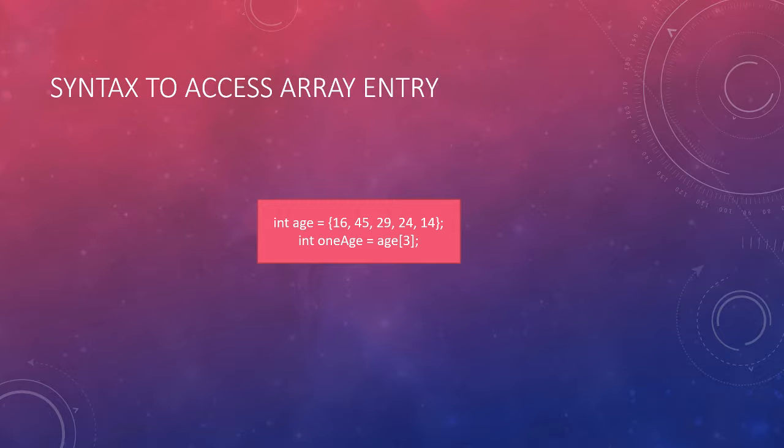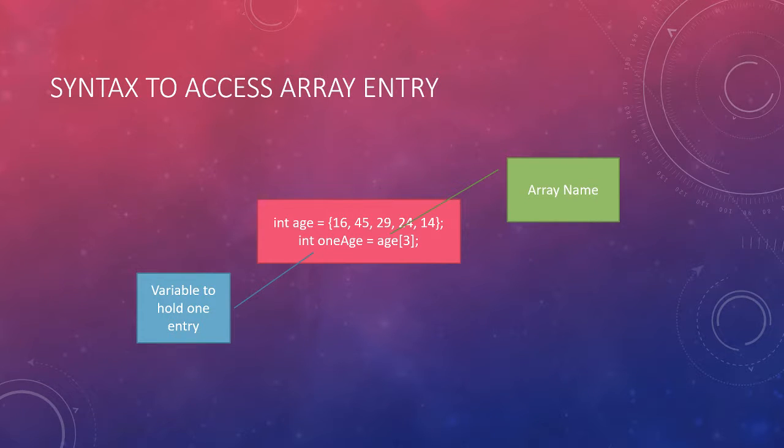Now, the syntax that we use to access an entry in an array is shown here. We declare a variable that we want to use to hold one entry from our array. We set that variable equal to, or assign it, a value from our array.